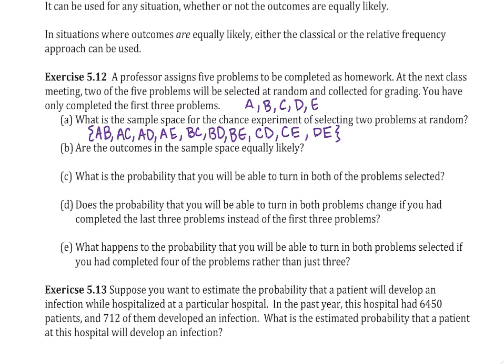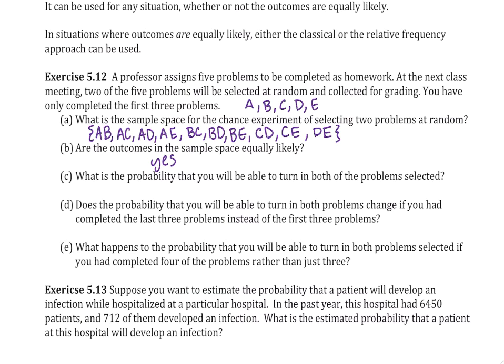So are the outcomes in the sample space equally likely? So here, all of these are going to be equally likely because the professor is just randomly picking these 2 problems. There's not a pair that's more likely to occur than another one. So what's the probability that you'll be able to turn in both of the problems selected? So let's decide which problems you've completed.